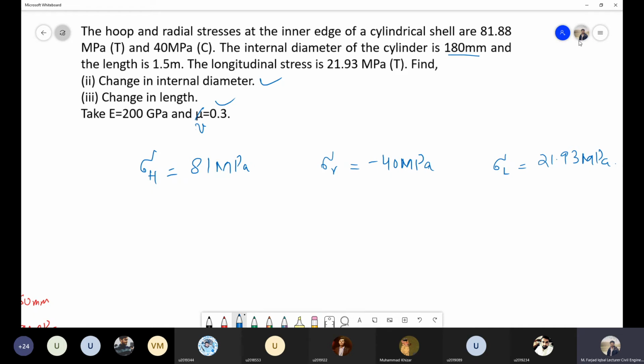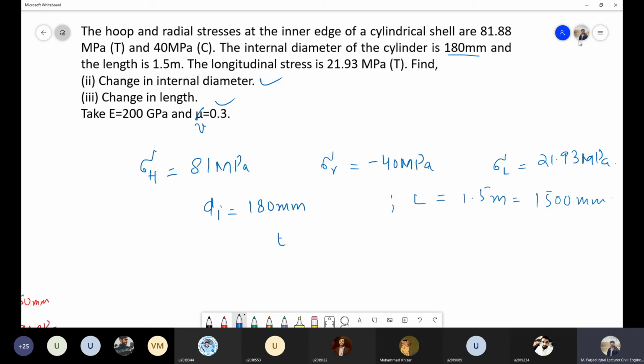The original internal diameter that is given to us is 180 mm and the original length is 1.5 meters, or I can write it as, how much will it be in millimeters? 1500 millimeters, right?